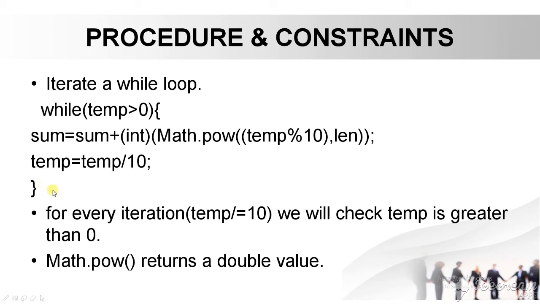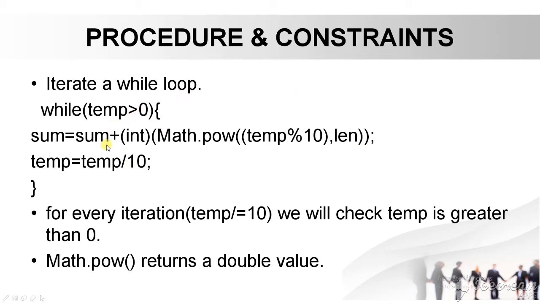While temp is greater than 0, sum is equal to sum plus, here we are using an inbuilt function Math.pow, and here we are calculating temp % 10 comma length, which returns a double value.